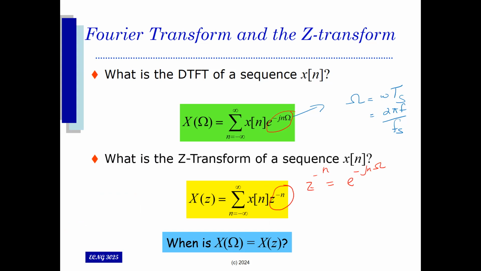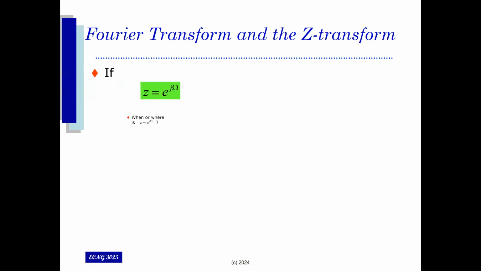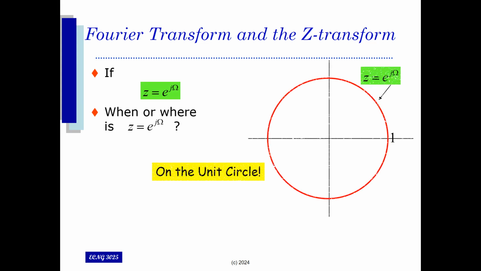So you see that for X(omega) to be equal to X(z), z has to be equal to e to the j omega. Next question, where is z equal to e to the j omega? Remember, e to the j omega is simply a circle of radius 1. In other words, z equal to e to the j omega is on the unit circle.